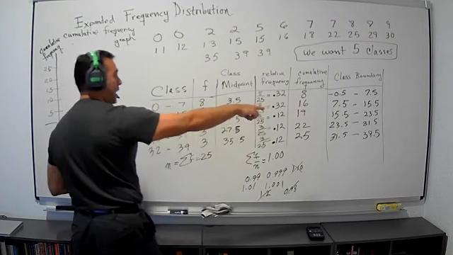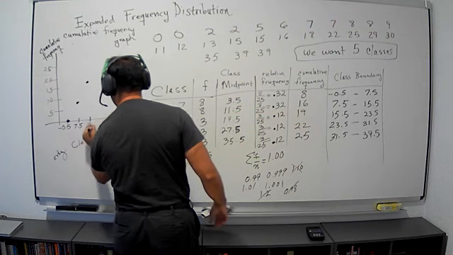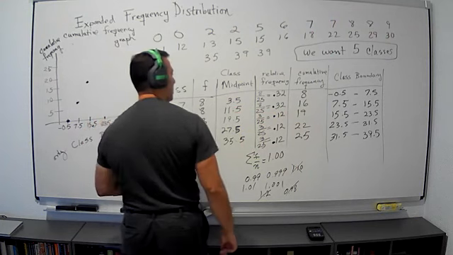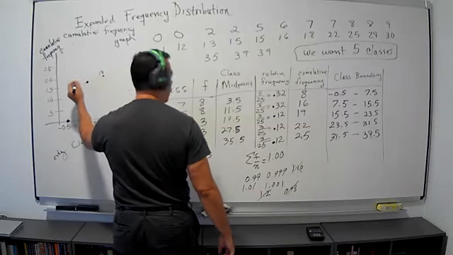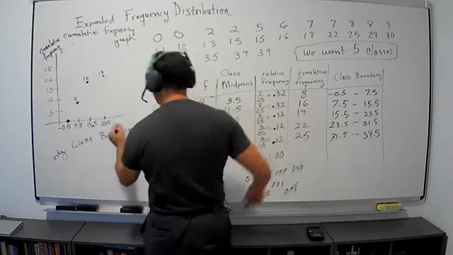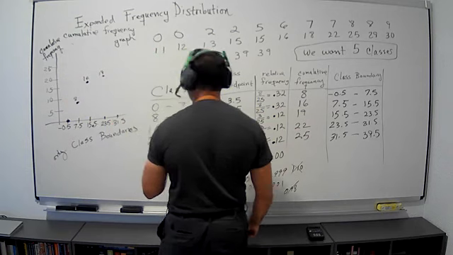By the time I would have gotten to 23.5, what would be my cumulative frequency? 19. It's around here. Some people like putting the numbers here to help the audience out. By the time I get to 31.5, I would be at 22.